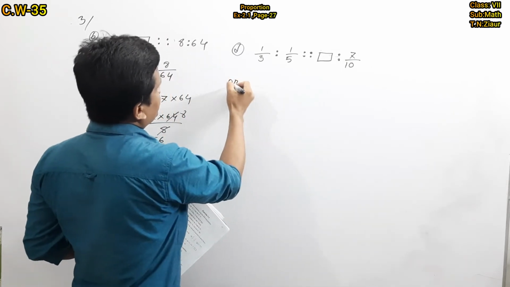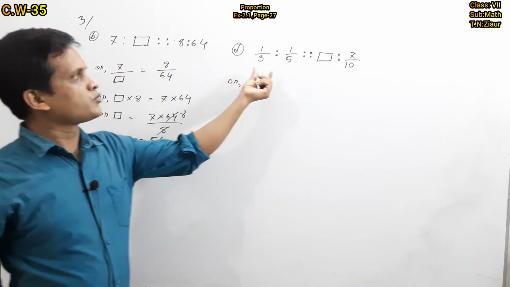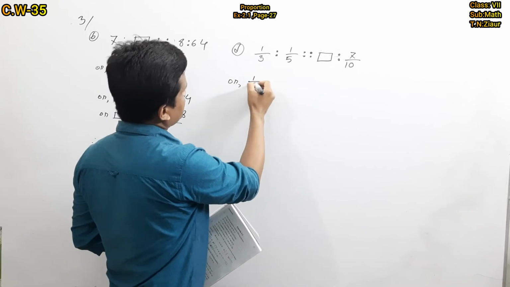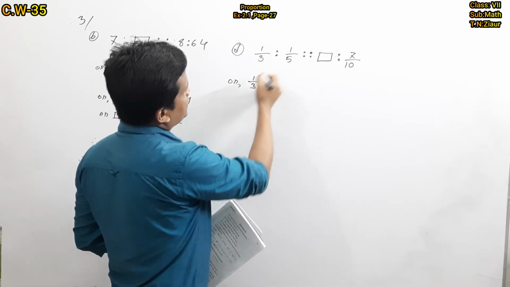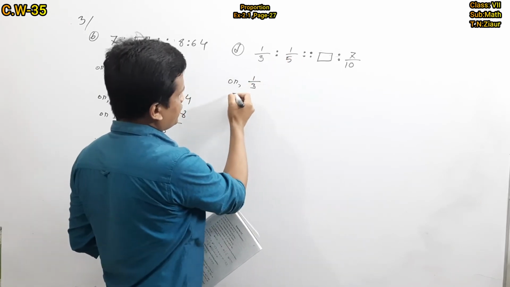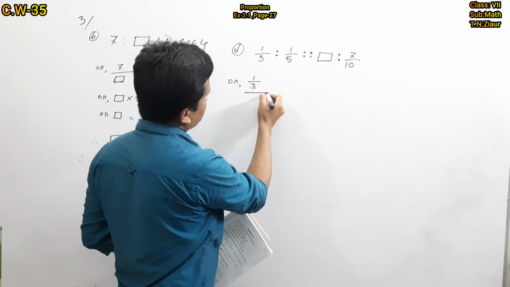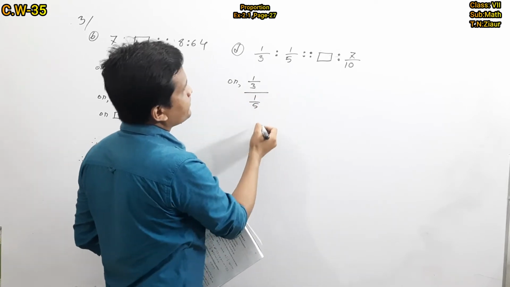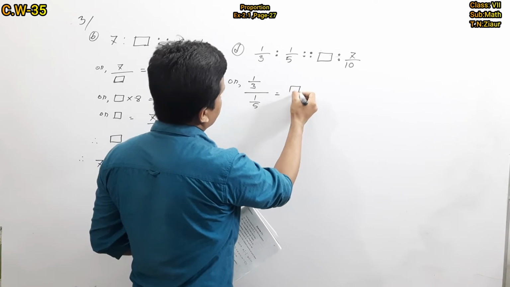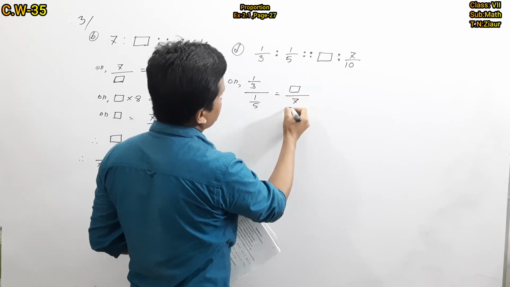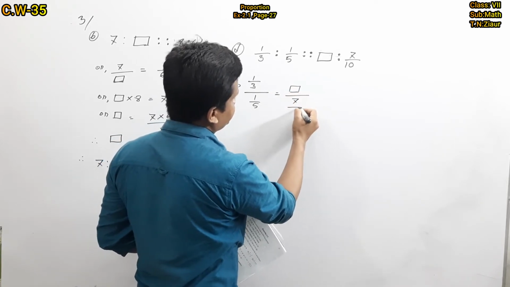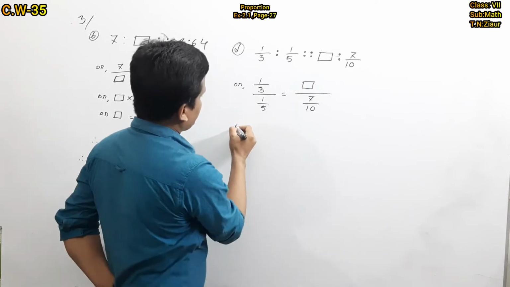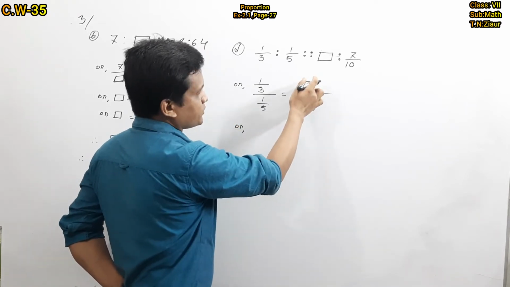Okay, so just we can solve this one. How to solve this one? 1 by 3, if I divide this one, fraction means division, right? So we can write this way: 1 by 5 equal to this box divided by 7 by 10. We are finding this value, this means the third quantity.